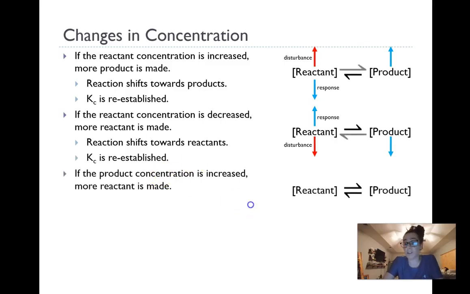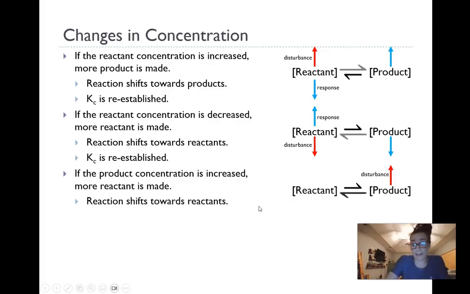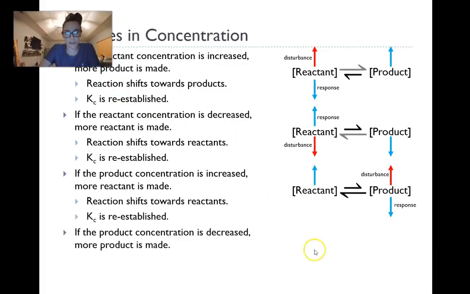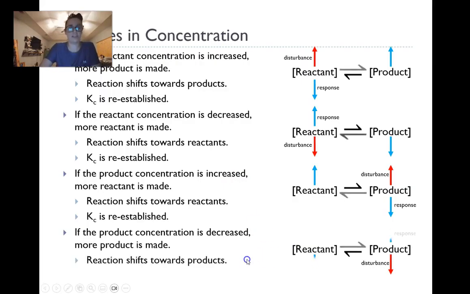If the product concentration is increased, then the reaction is going to again shift to the left in order to make more reactant and to get rid of that excess product until, again, equilibrium is reestablished. And then lastly, if the product concentration is decreased, it's removed, then the reaction is going to shift to the right to make more of it. So it's going to shift in a way to counteract the disturbance according to Le Chatelier's principle until equilibrium is reestablished.